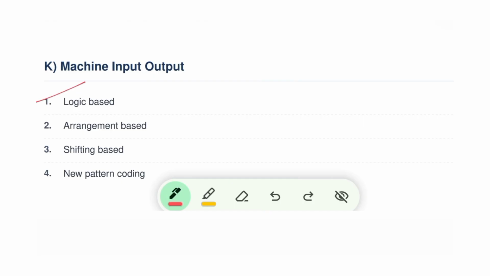These are the types of machine input that are logic based, like there can be a step, like there is an input in which some words are written like star, car, whatever, and then it can be changed.